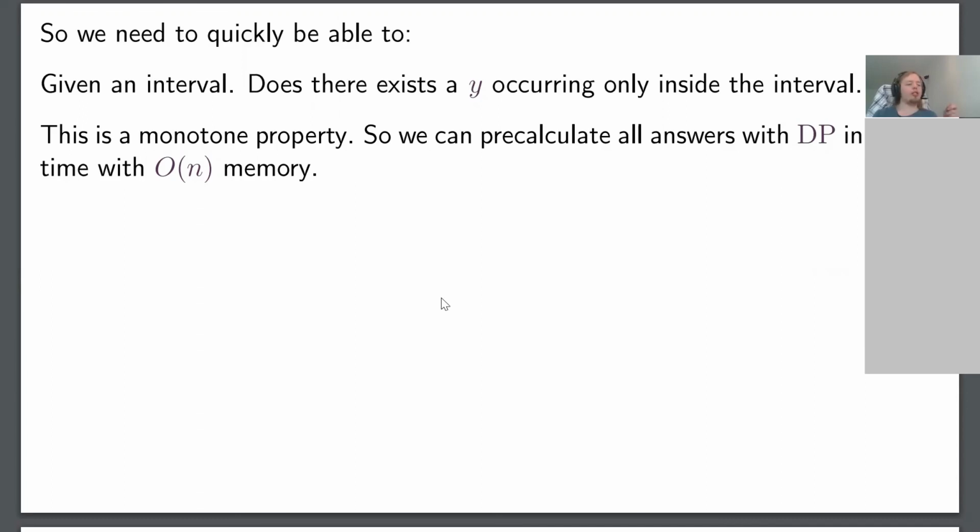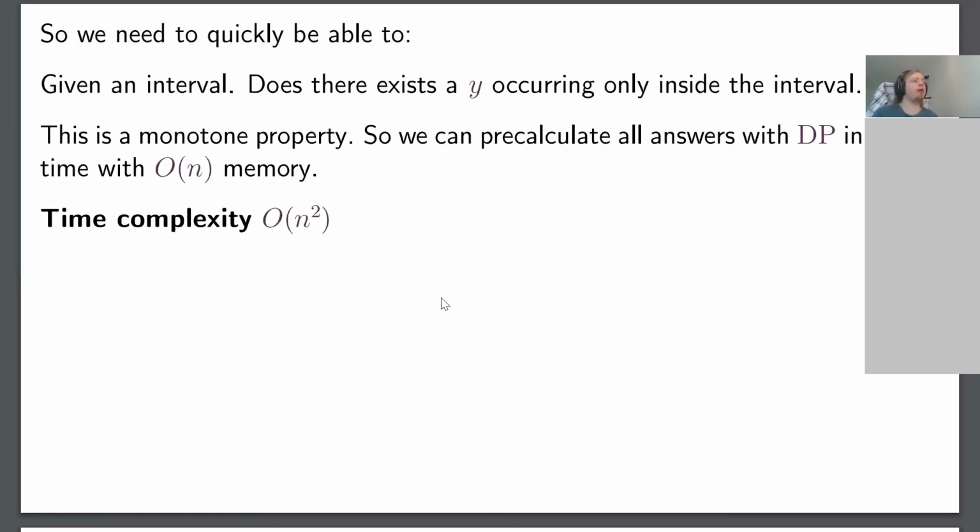So for each starting point of the interval, you can keep track of where it ends, the first point where there's some y whose occurrences all lie inside the interval. We can pre-calculate everything in order n squared and store it in just order n memory. So we can solve this problem easily with some pre-calculation.